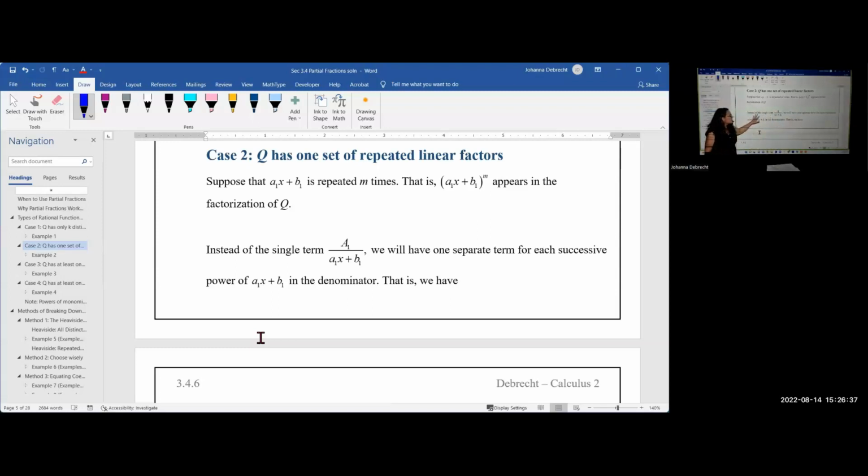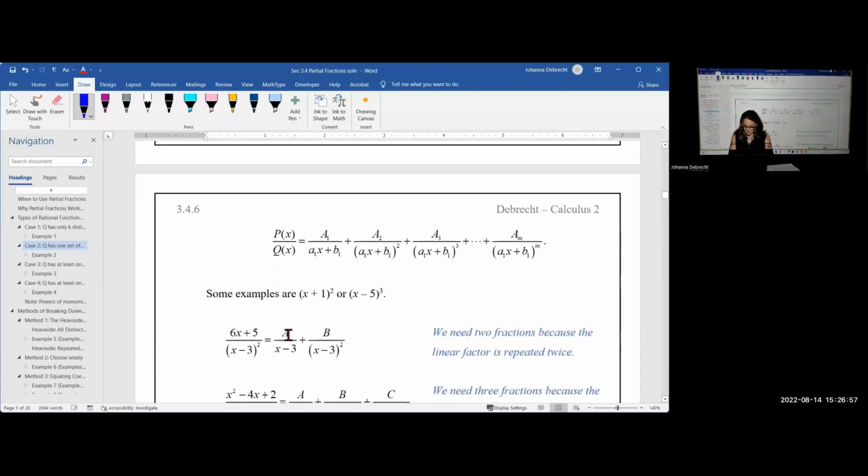Now, to decompose it, instead of just the single term of a over the linear factor, we're going to have one separate term for each successive power that shows up in the denominator, which sounds kind of crazy, but this is why it works when you think about having common denominators.